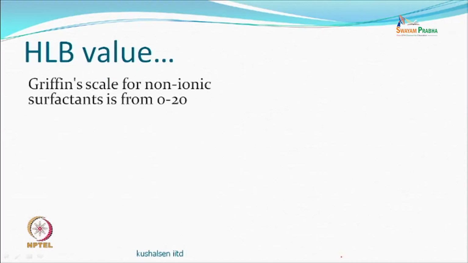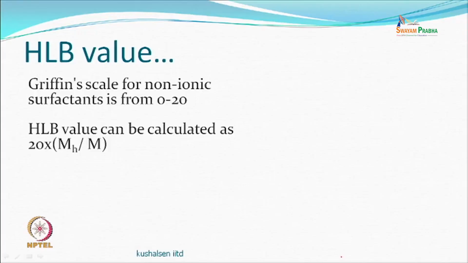So HLB value of non-ionic surfactants, Griffin had defined the range from 0 to 20. There are other ways of measuring HLB also, but this is one of the ways. So 0 to 20. 0 is more lyophilic, obviously, and 20 is very hydrophilic.